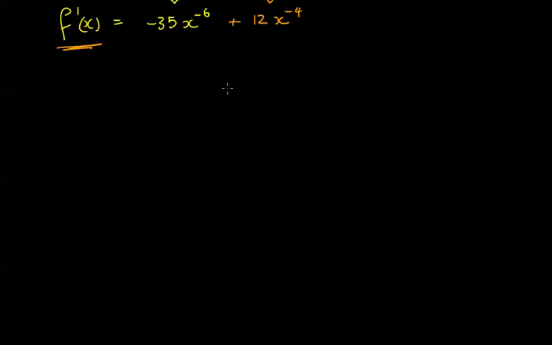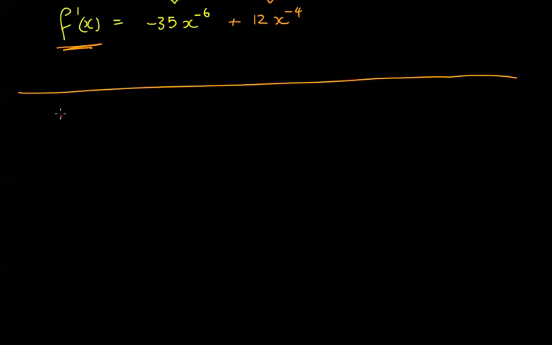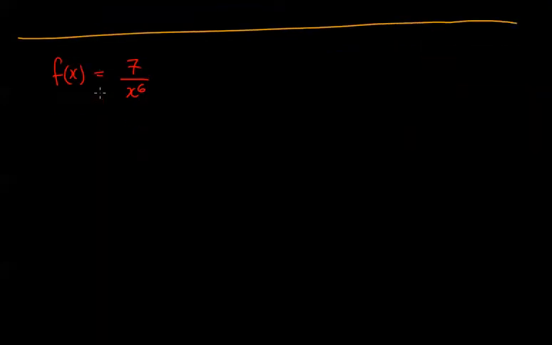Now let's look at some funnier ones like this. f of x equals 7 over x to the power 6. This is where knowing your laws of indices is really crucial. If you are not confident with your laws of indices, you need to go back and revise this. I'm going to rewrite this using negative powers.